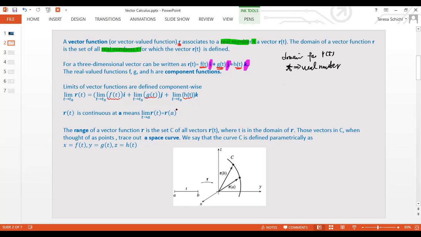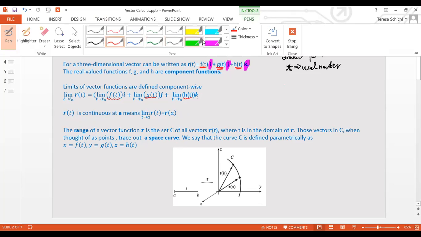The same definition applies: when we talk about a real number function being continuous, the limit has to be equal to the function value. The same idea applies to the vector function. If a vector function is continuous, then the limit of the vector function has to be equal to the value of the vector function.